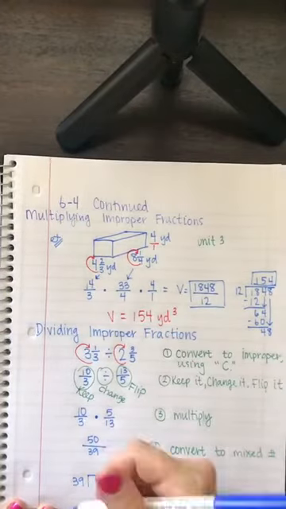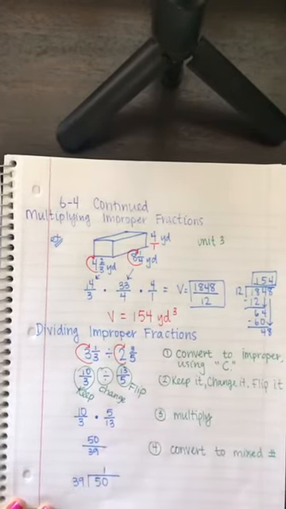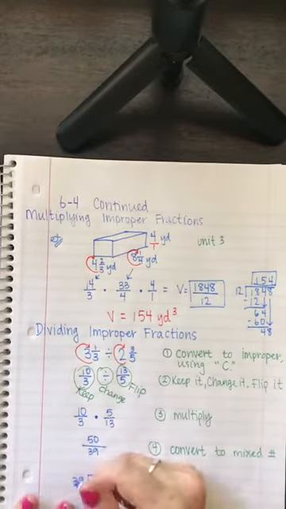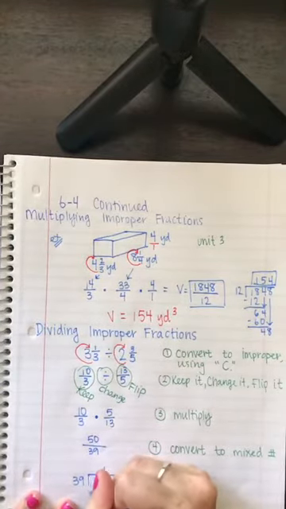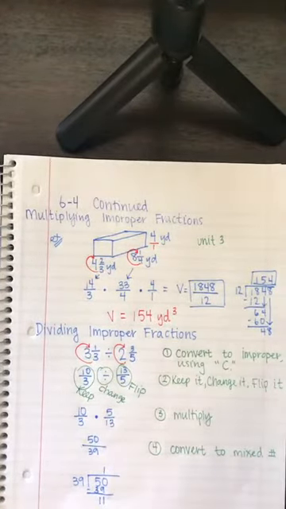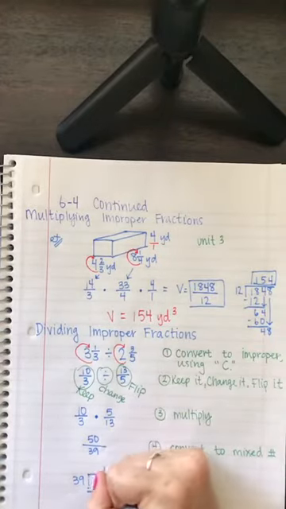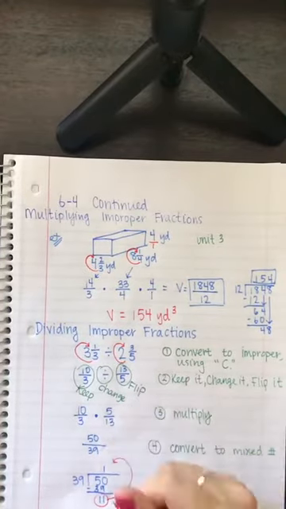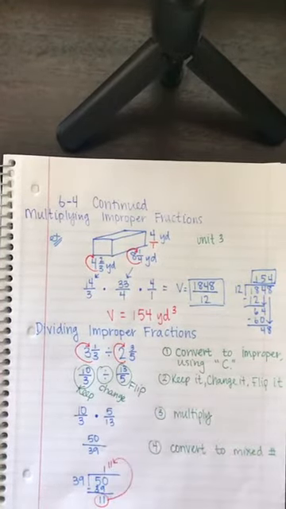39 goes into 50 one time. That's pretty easy. But this is a good example because we have a remainder in this one. 1 times 39 is 39. When I subtract, I get 11. So what do we do when we have a remainder when we're doing fractions? Our remainder comes up here and becomes our new numerator.